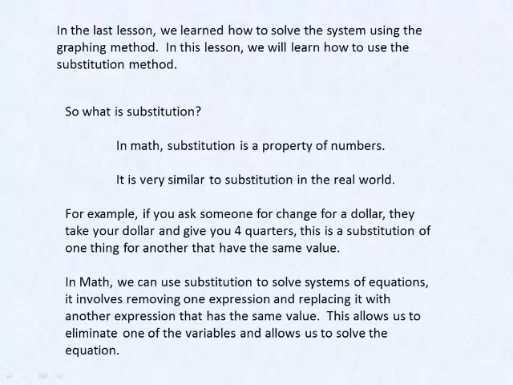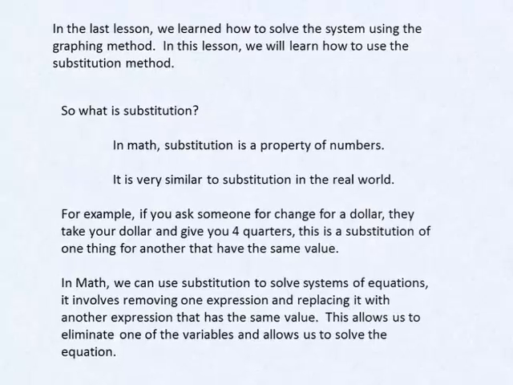Math is the same way. We can use substitution to solve a system of equations when we remove one expression and replace it with another expression that has the same value. This allows us to eliminate one of the variables and solve the equation. So we're using substitution to solve a system of equations when you already have a single variable equal to an expression. We have two examples.